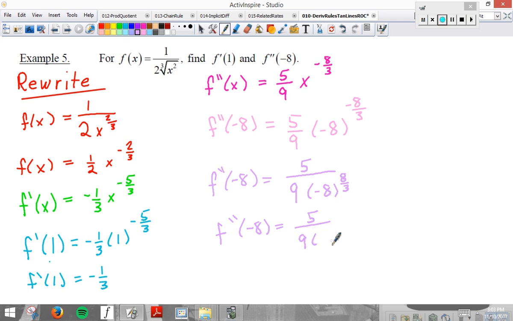The cubic root of negative 8 is negative 2 to the 8th. That's 5/9 times on the bottom. Negative 2 to the 8th power is 256.